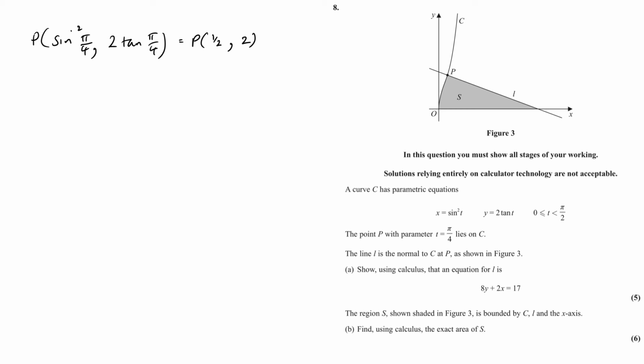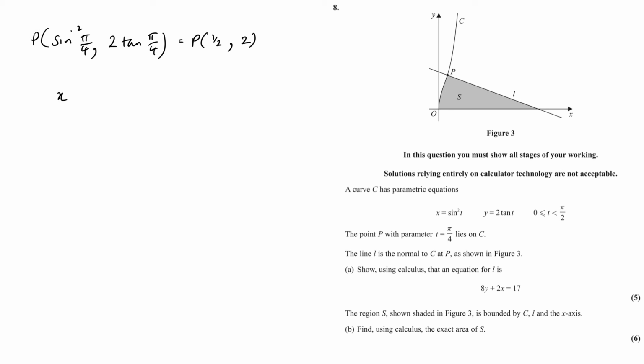Next, I need the gradient. So I want dy by dx. So first thing I want to do is dx by dt. So that is differentiating sine squared t. So sine squared t, so it's going to become, so if you think of, sorry, if I just start again, let me just start again here.